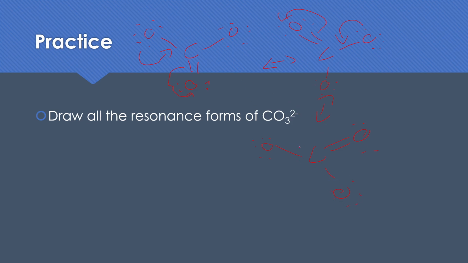And then, of course, this one could conceivably move in, move out, and go back to that one, right? So there are 3 potential resonance forms of carbonate. So the way we would draw this, if we were being clever about it, is we'd say that there's a partial double bond characteristic shared amongst the 3 oxygen bonds.